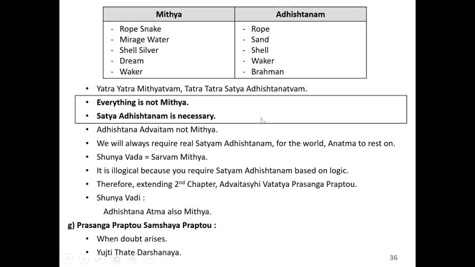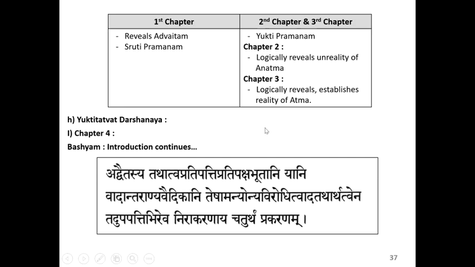Okay, so I will stop here with this. Next week, I will tell you about chapter 4. The first chapter reveals Advaitam through the Shruti Pramanam. The second chapter logically reveals the mithyatvam of anatma, the mithyatvam of the world of experiences.